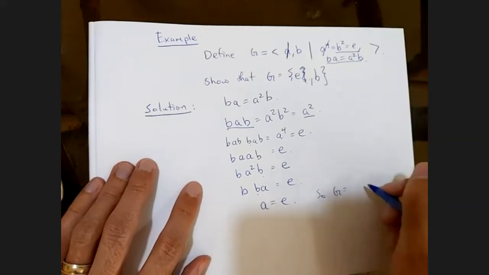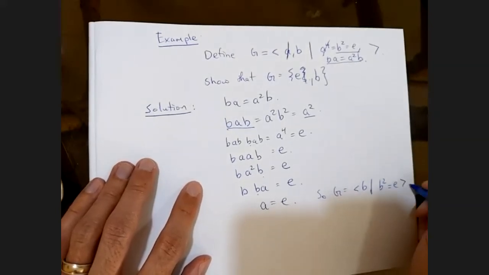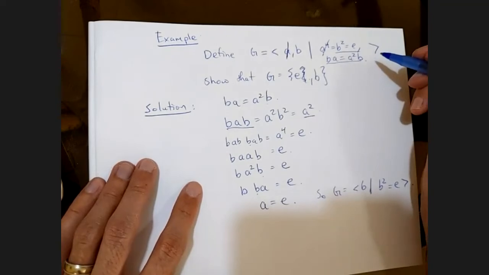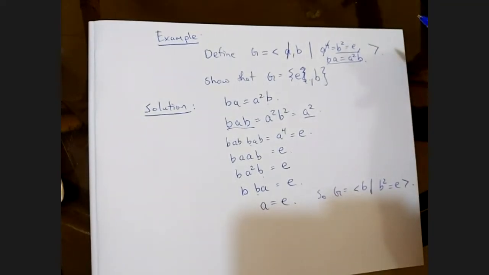So G is just the cyclic group generated by B, satisfying B squared as the identity. Okay. So depending on what relations you write down, it can really affect the structure of the group.